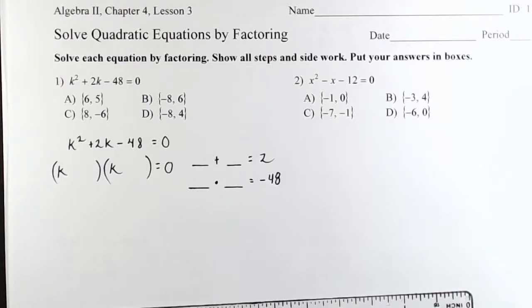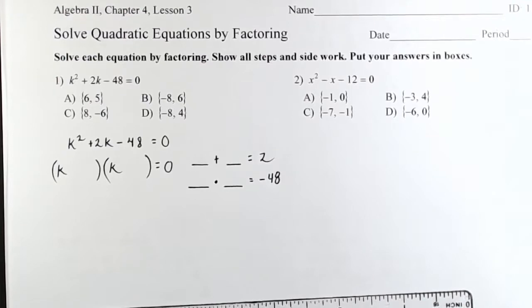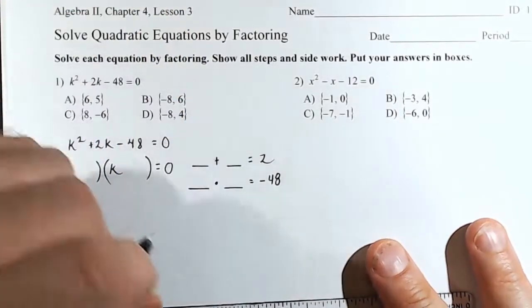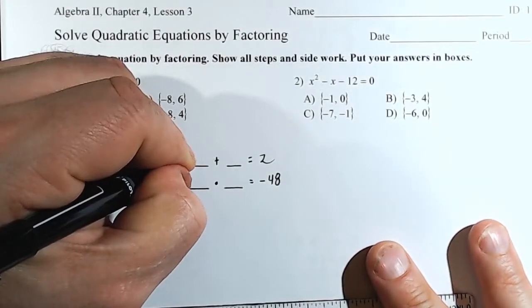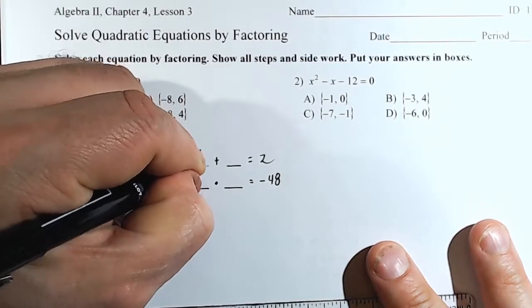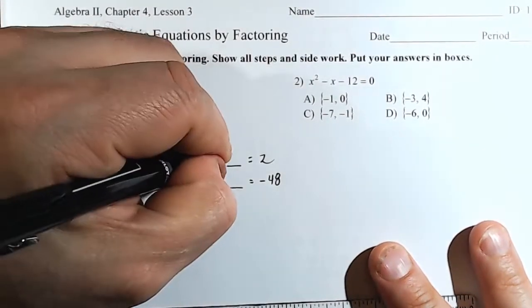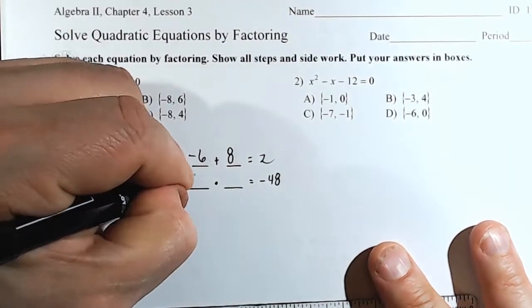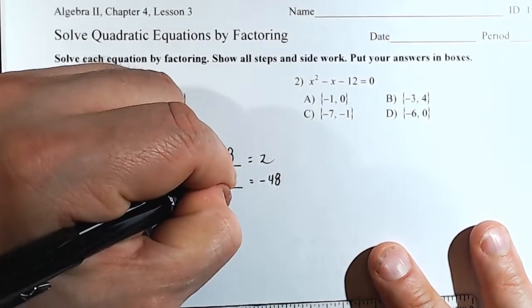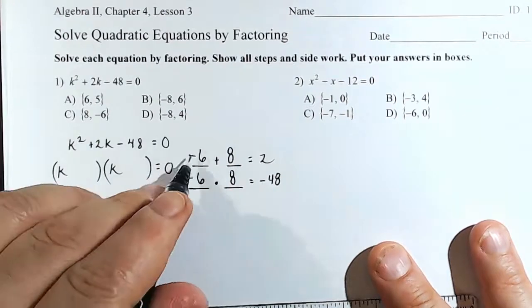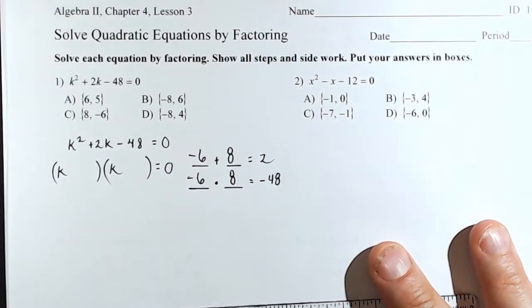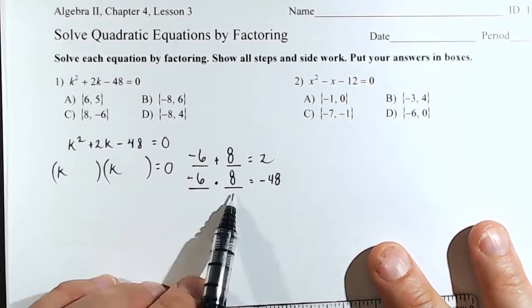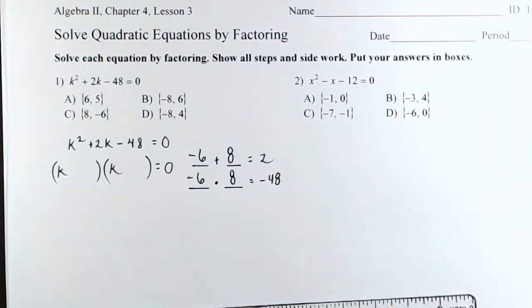So you see what I'm trying to do? I'm trying to figure out where I'm going to put this negative sign. What I need is negative 6 and positive 8, because negative 6 plus 8 is positive 2, and negative 6 times 8 is negative 48.